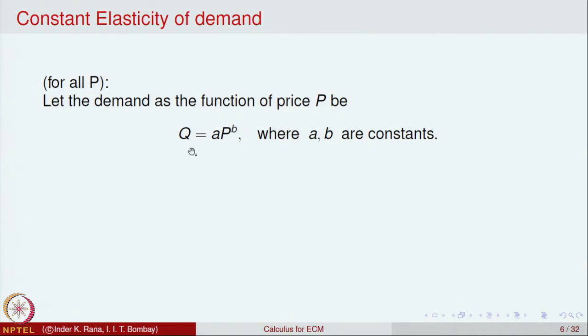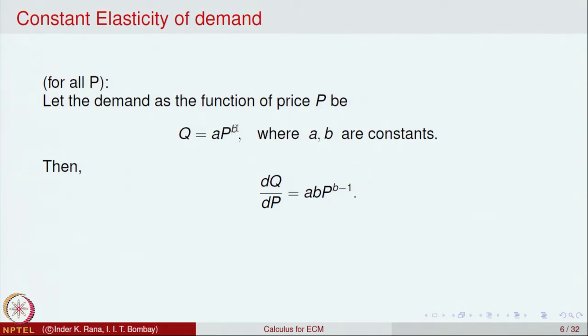For this price and demand function, what is dq by dp? This is a power function; p is varying and b is fixed.